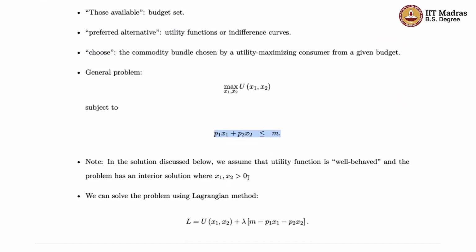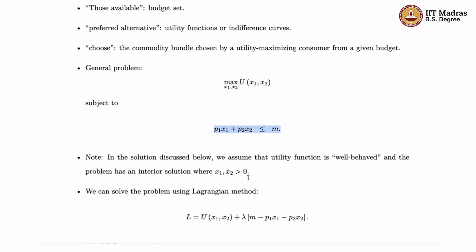Okay. If you want to unpack what the word well behaved means and what happens when you have, let's say, solutions on the boundaries and so on, again, you should be taking a course in microeconomics. We are going to abstract away from all those things because we are going to assume that all these properties are going to be satisfied in whatever problems we are discussing in this course, right?